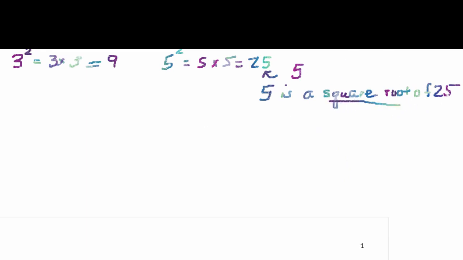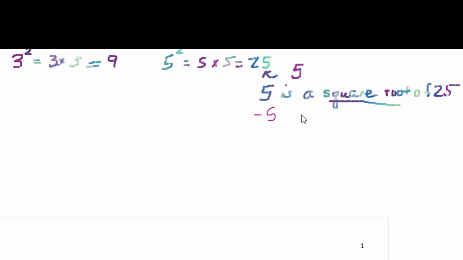But then I would ask you, is that the only number that we can square to get 25? And sometimes students say yes. And sometimes students remember that there actually is another number that we can square to get 25, which is -5.